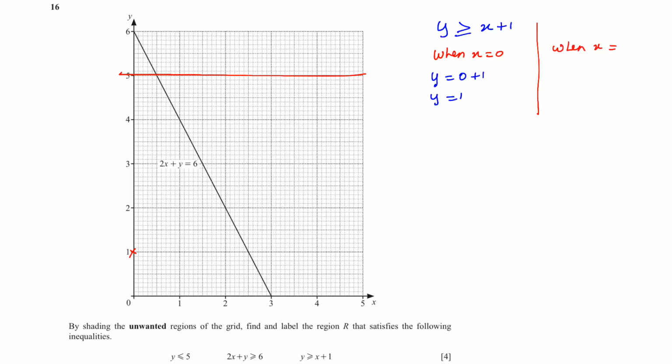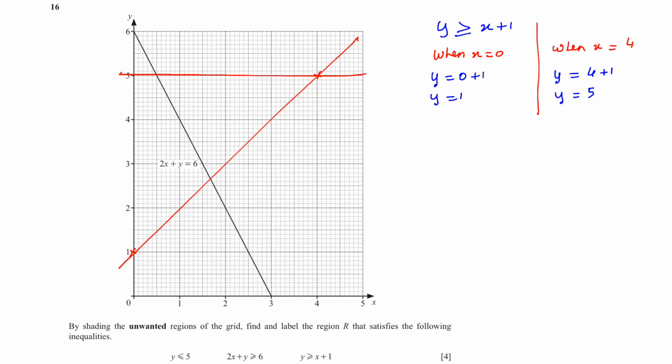When x is 4, we will take. So when x is 4, in place of x, we are going to put 4. 4 plus 1, 5. So the other point is when x is 4, which is here, y is 5. So we are going to join these 2 points together.